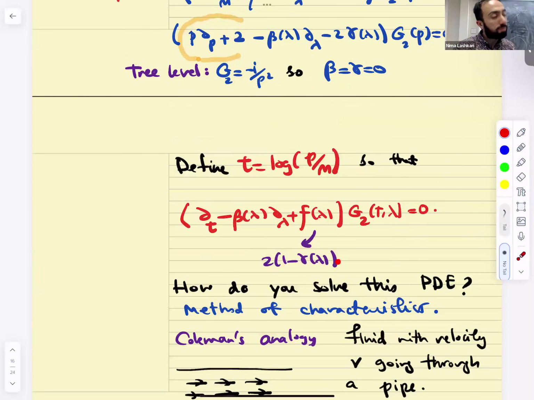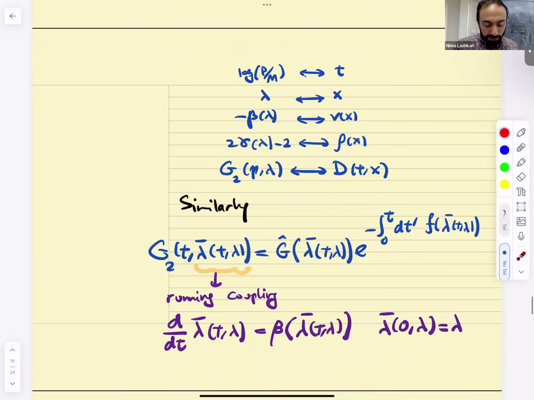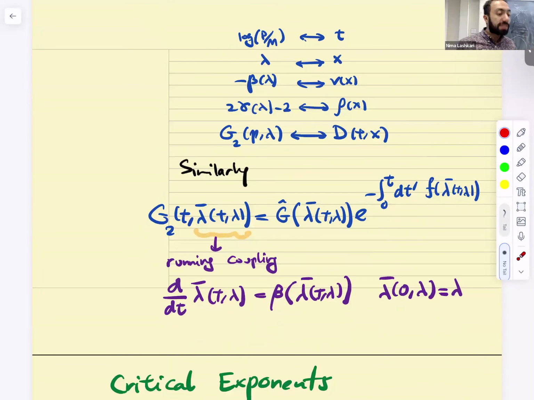F is 2 times 1 minus gamma. So this is taking care of the renormalization, the growth of the coupling, and this is telling you that as you change the scale, the G2 that you calculate, you have to plug in the right couplings at that scale. What are the right couplings at that scale? It's a solution to this beta function equation.